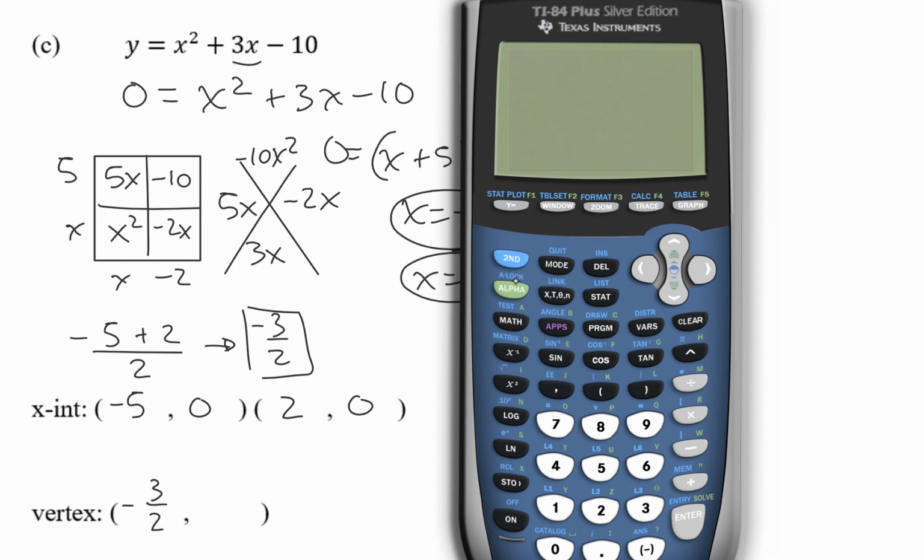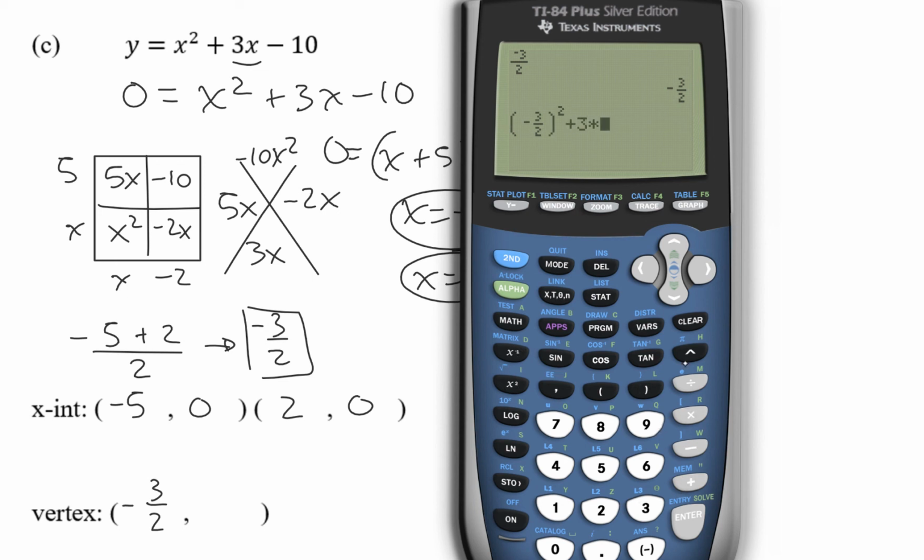I'm going to grab the fraction template. If I hit alpha and then y equals, you can see the first option there is this numerator denominator fraction template. I'm going to enter negative 3 over 2, and I'll just press enter. So there's that fraction. It's on my stack, and I can use it quite nicely now. I can say open parentheses, grab that fraction, close parentheses, and then square it. That was easy.